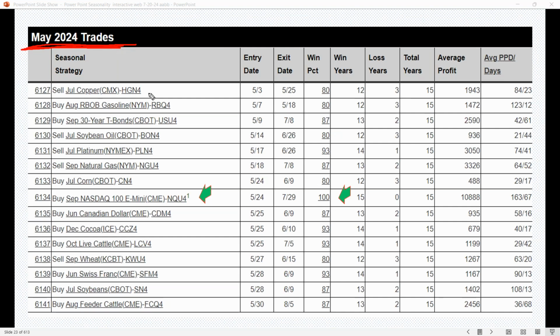There's anything from copper, RBOB, gasoline spreads, bonds, soybean, platinum, natural gas, corn, NASDAQ 100, Canadian dollar, cocoa, live cattle, wheat, Swiss franc, soybean, feeder cattle. So there's all kinds of different asset classes.